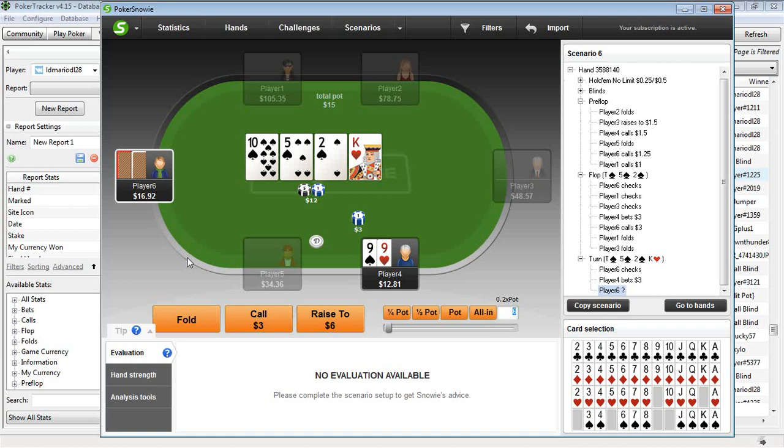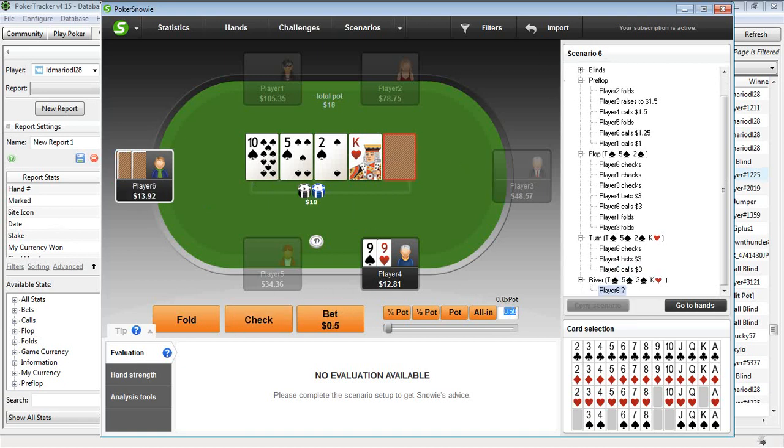So let's look at this scenario first. He calls. I mean, I feel like we know what's going to happen here. He calls, and the 8 of clubs comes out.